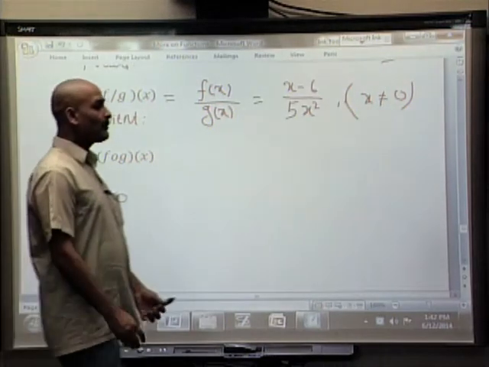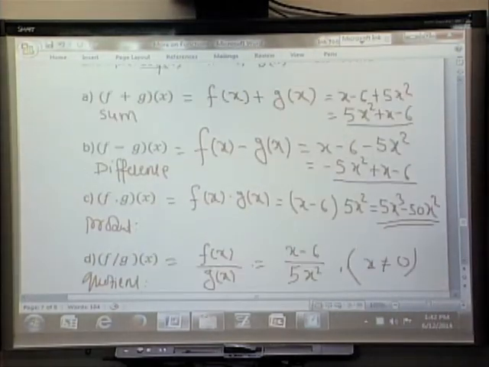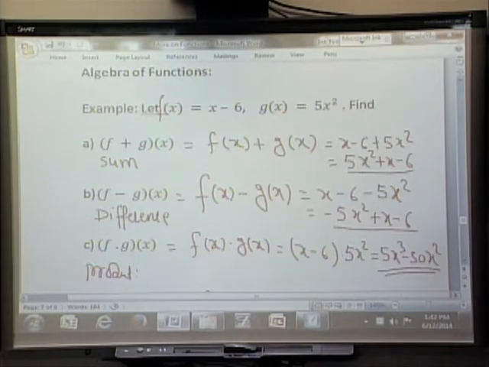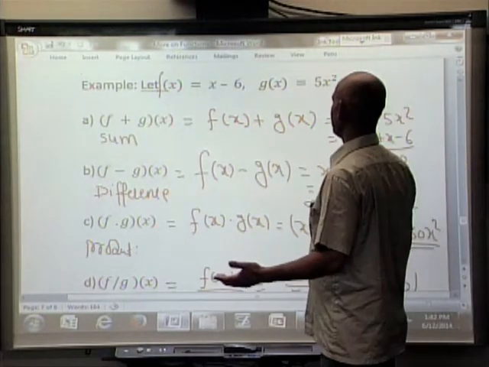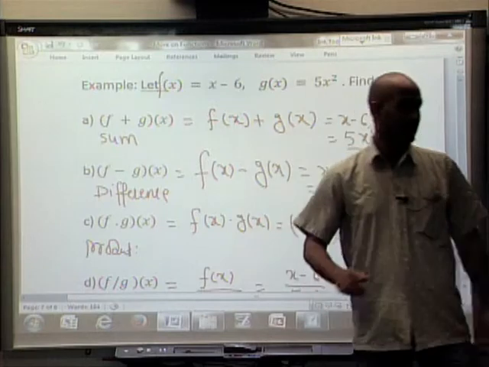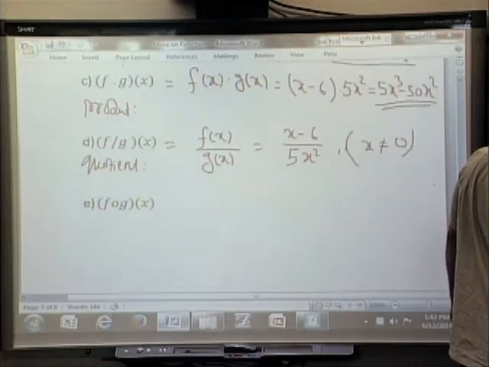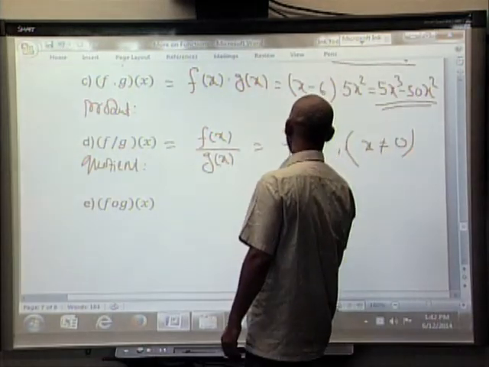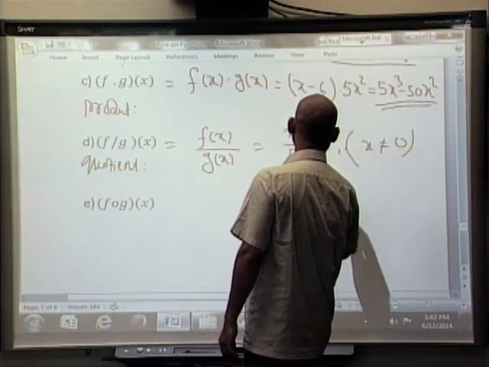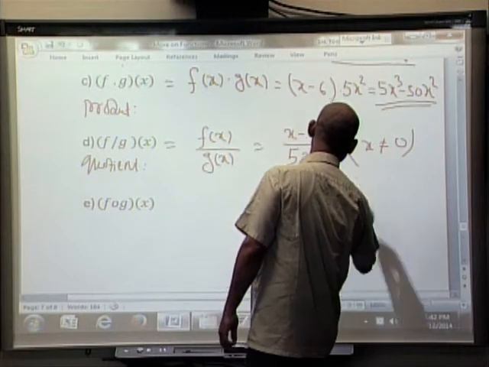Sometimes, rather than just finding the formula of the sum of the two functions, we might have to answer a question of this type. Let's say the question is find f over g of 2.